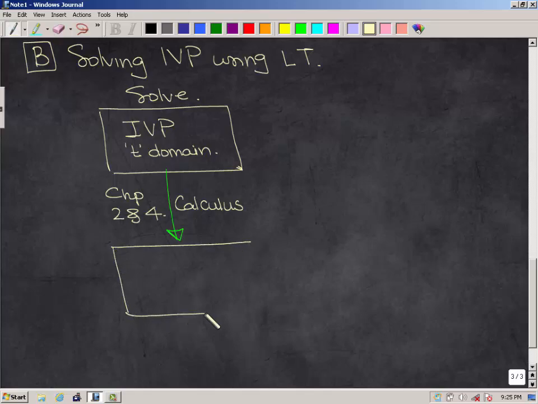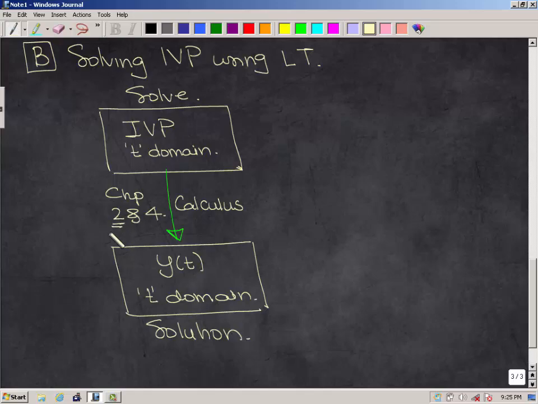This solution was y of t, the solution to the initial value problem, and this was still in the t domain. It was a solution in t. So that's how we did this in chapter 2 with the first order ODE, and we did the same thing in chapter 4 with the second order ODE.